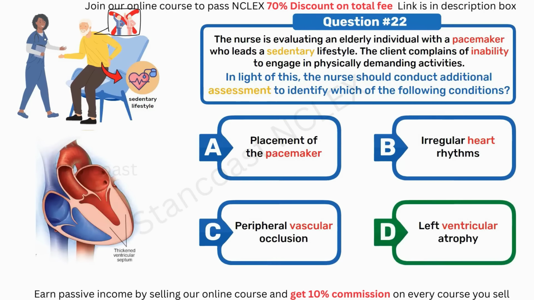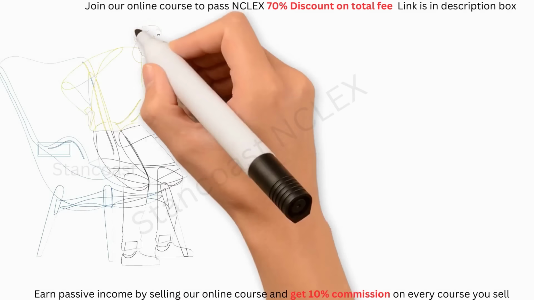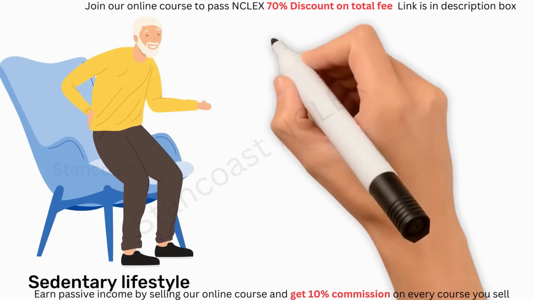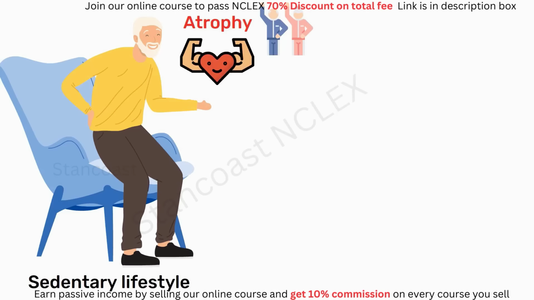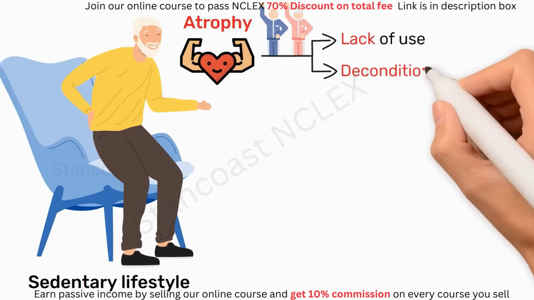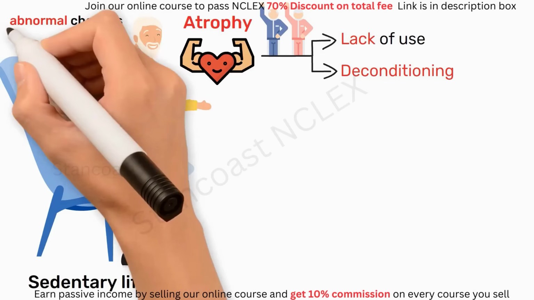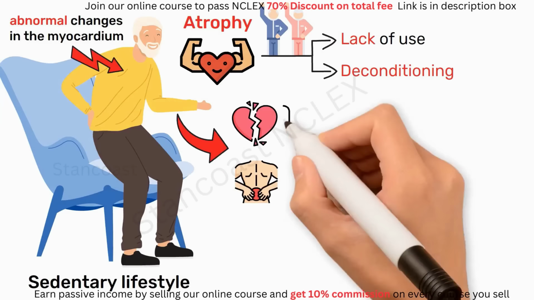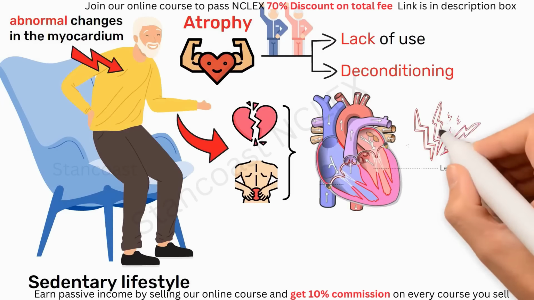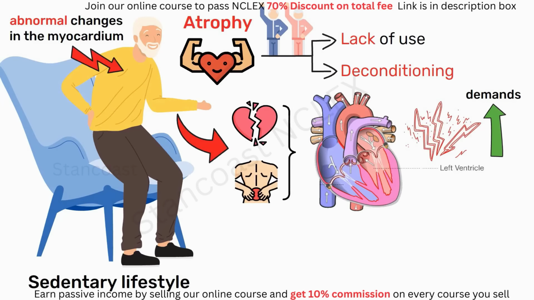Option D is correct here, because in older adults who lead a sedentary lifestyle and do not engage in regular exercise, the heart muscle can undergo atrophy. Lack of use or deconditioning can cause abnormal changes in the myocardium of older adults. Consequently, when faced with sudden emotional or physical stress, the left ventricle may struggle to meet the increased demands on the myocardial muscle.